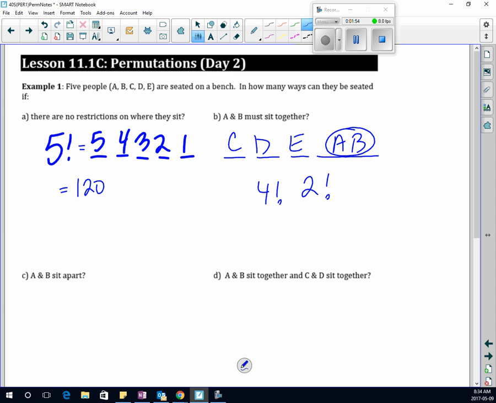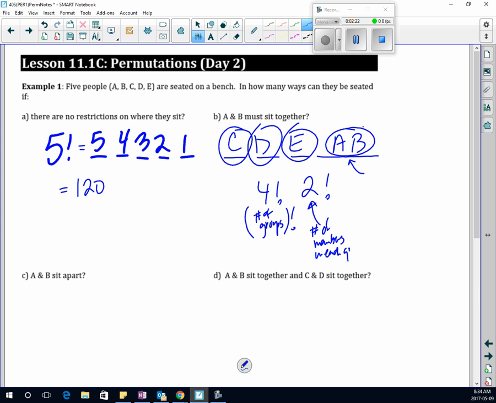Yes? Okay, so the way we do this is it's the number of groups. So do you see I have 1, 2, 3, 4? This is the number of groups. Factorial. And then the number of members in each group.